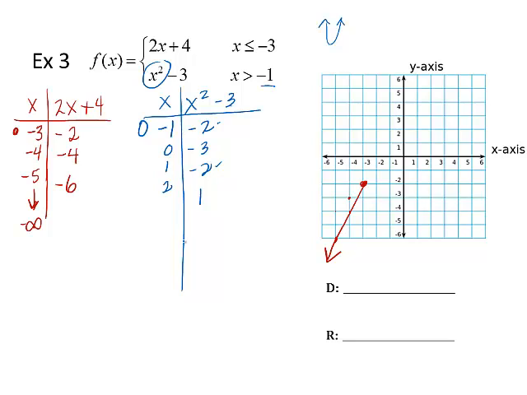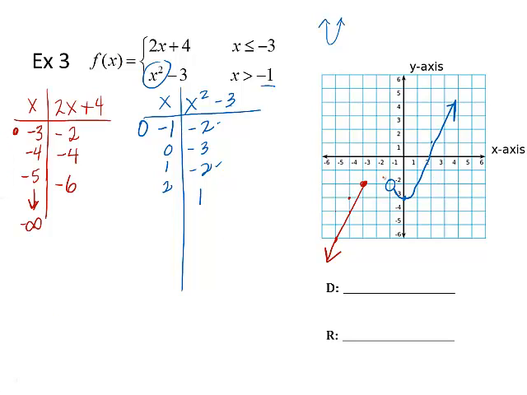Usually 4, sometimes 5. Do whatever it takes to get it done, okay? Then we just plot it like normal. So -1, -2 is an open circle. 0, -3, 1, -2, and 2, 1. And it's going to continue on. You can see that quadratic shape is happening.